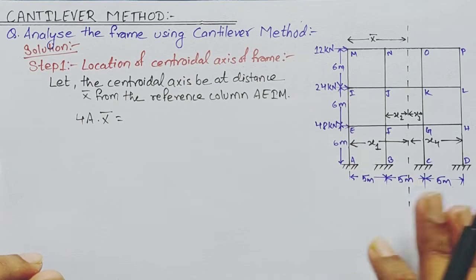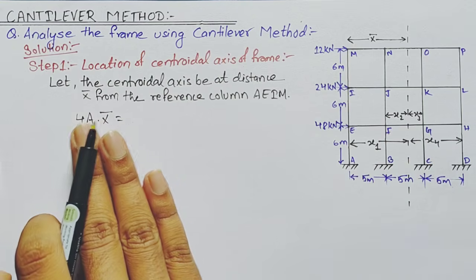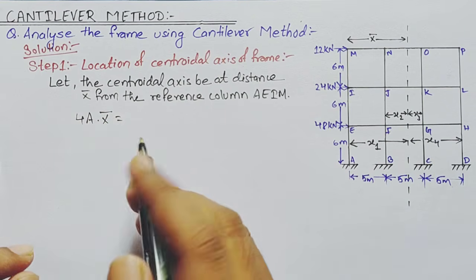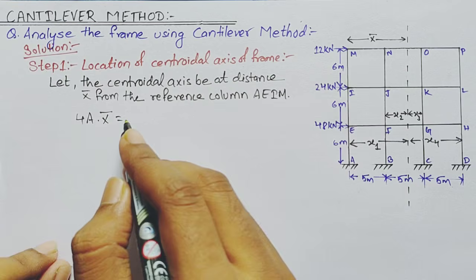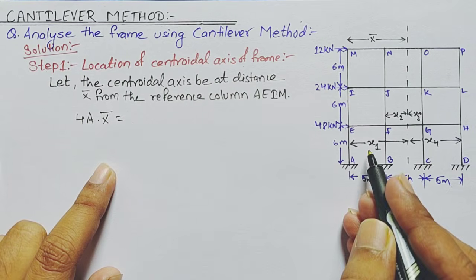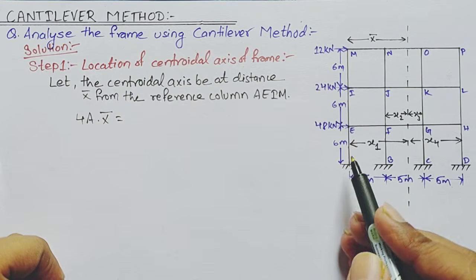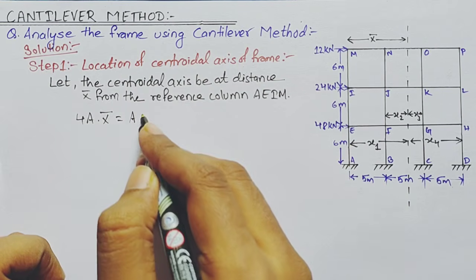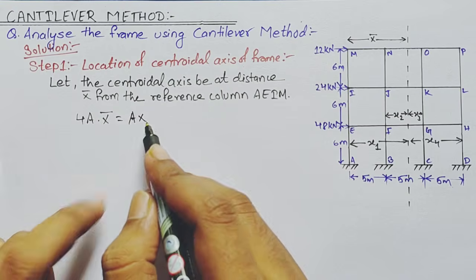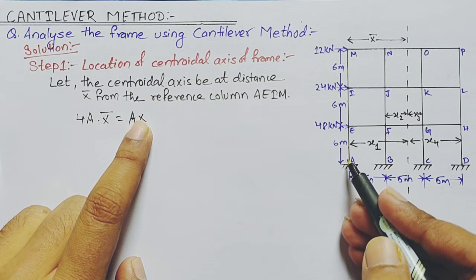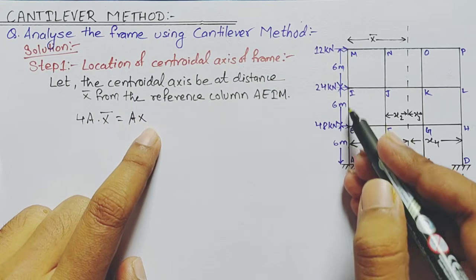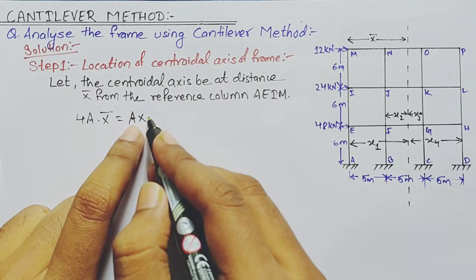There are 4 columns in total, so 4 times A multiplied by x bar equals this, which is our x1. The area of the first column is A, so A multiplied by the distance; this is our reference column. The distance of the reference column will be 0.